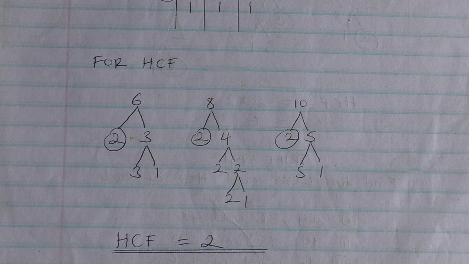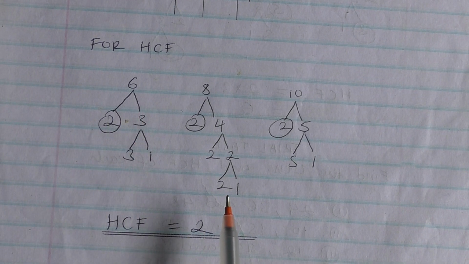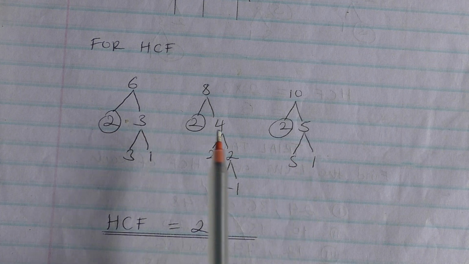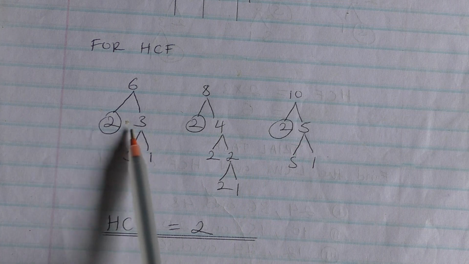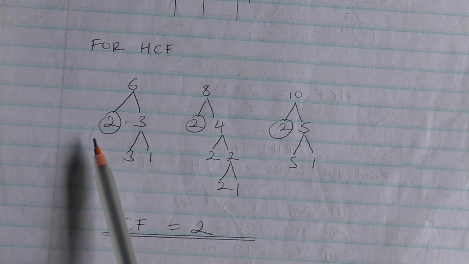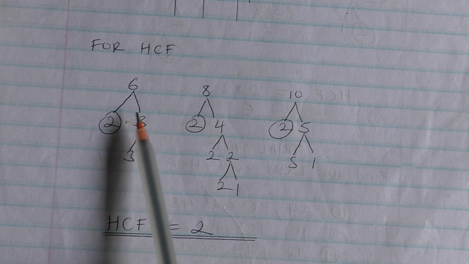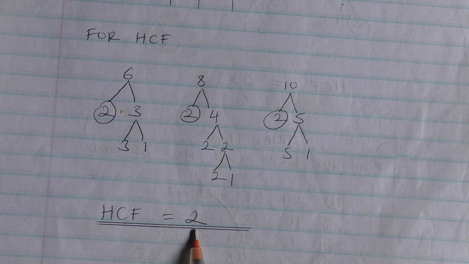One, we shall prime decompose each of these numbers separately, and after we choose out the common factors. So the common factor of 6, 8, and 10 comes out as 2.